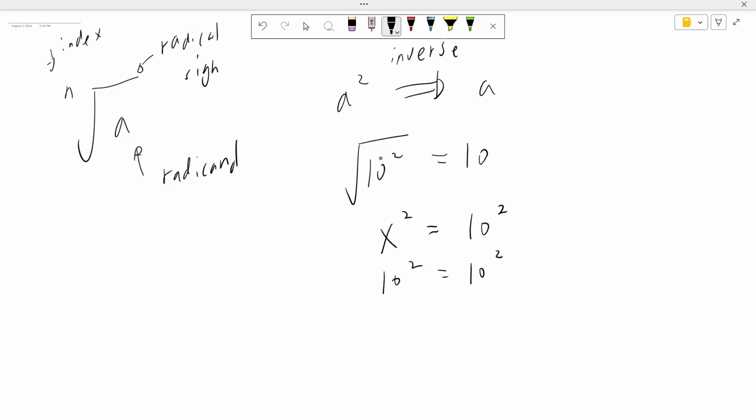So notice that by taking the square root, we got back the number that was before squaring it. This is 100, but if you take the square root, you get 10, because 10 raised to the second power is 100. So that's the idea.